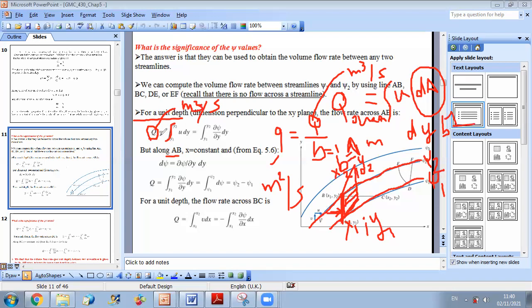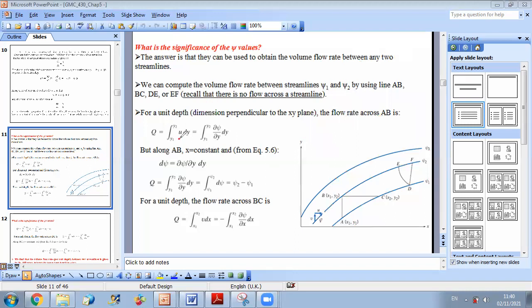Then I get that the flow rate for a cross section of depth 1 is integral from y1 to y2 of u dy. Now, if I replace u by its expression of psi, which is del psi by del y, I get that q is integral from y1 to y2 of del psi by del y dy.